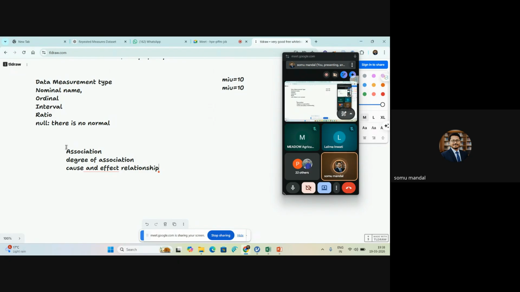So this is what we call association. But you never say what is the degree of association between the organic materials and a component. So while we are reporting the degree of association between two variables or among more than two variables, then we prefer to calculate correlation.